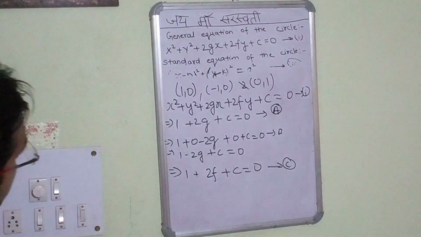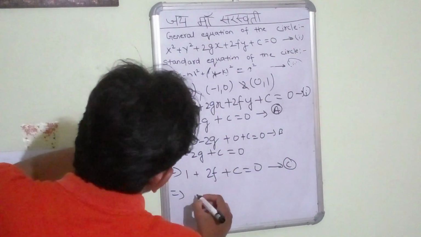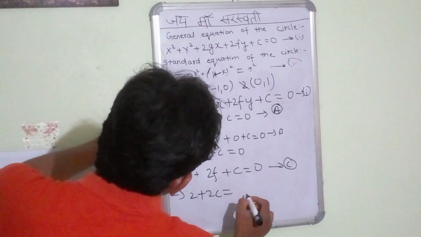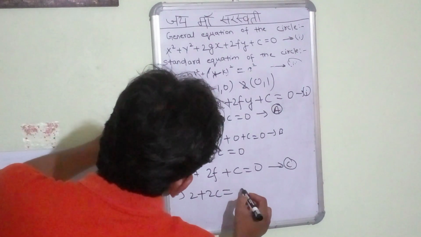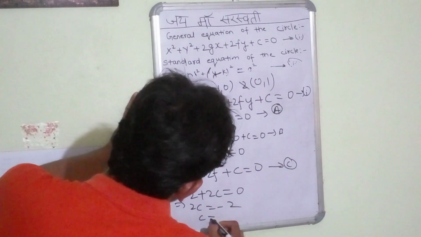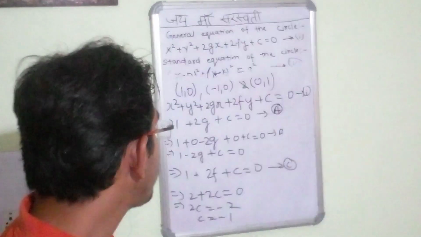So we will be using equations A and B. We had added both the equations: 2 plus 2c is equal to 0. So 2c is equal to minus 2, c is equal to minus 1. We had got the value of c as minus 1.